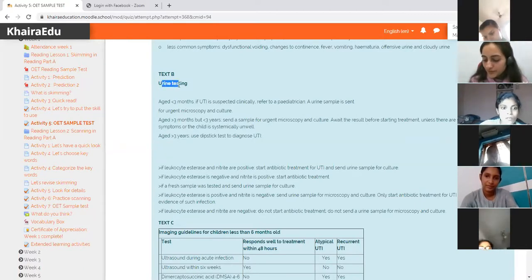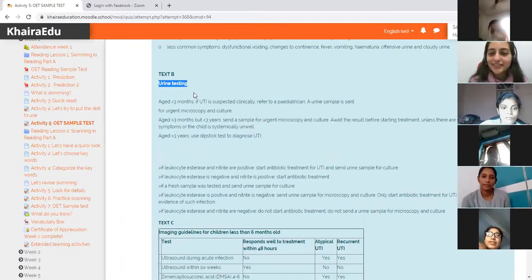Okay, so testing options were written: testing options following a diagnosis of a UTI. That's why you thought this is correct. Okay. So why did others not choose this? B is not correct, right? So why is it not correct? She gave a very valid reason.